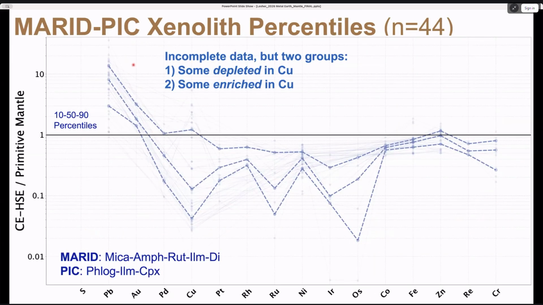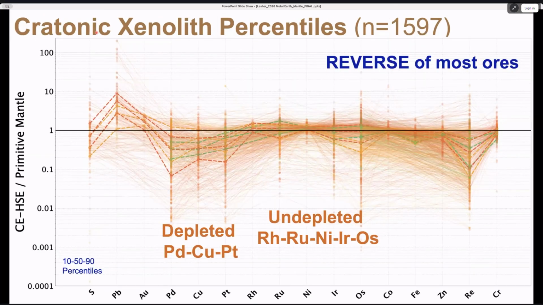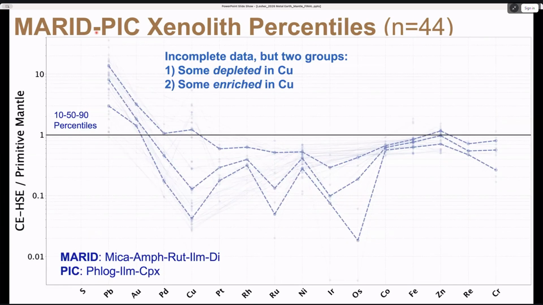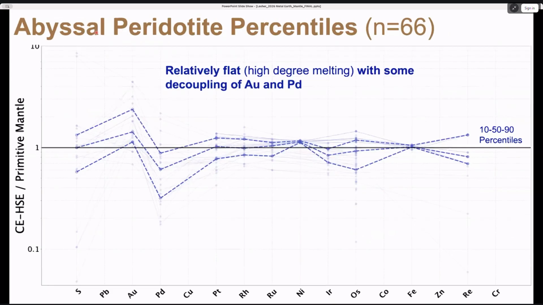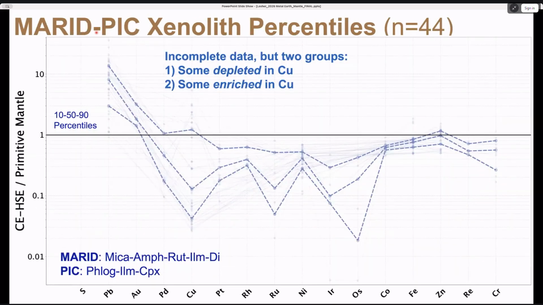Now, these are interesting, and I need to break these down because they've been lumped in Graham's database. So this is Shuai's and Graham's database here. That's their work, and their work in compiling it. And these are so-called mica amphibole rutile ilmenite diopside, which is a mouthful, so they're called MARID xenoliths.